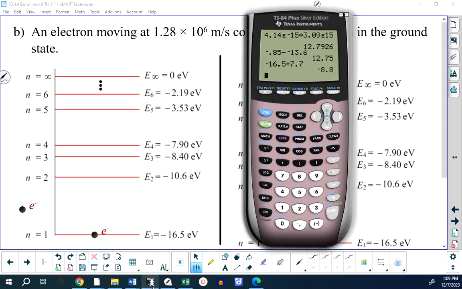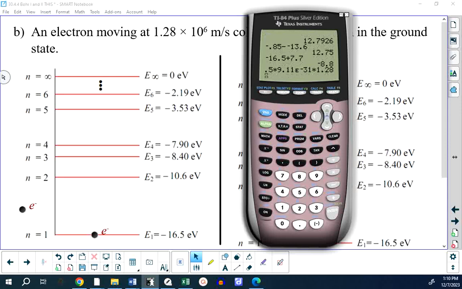So 0.5 times 9.11 multiplied by 10 to the negative 31 multiplied by that 1.28 times 10 to the 6 squared. We're just using 1/2 mv squared. It's this many joules? Yes?